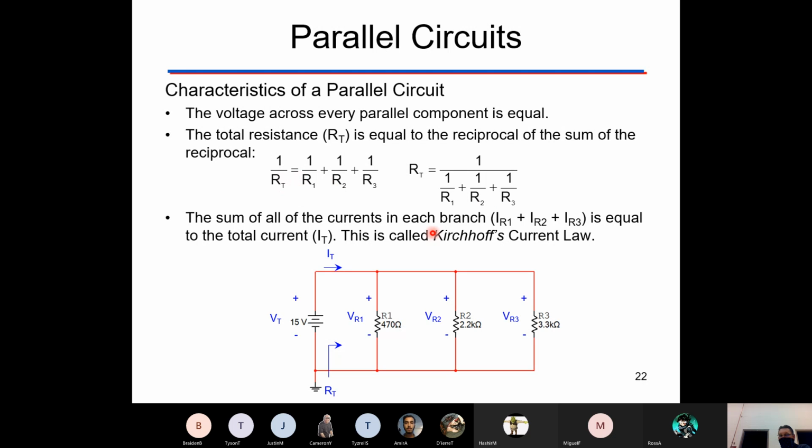If that's the case, you can solve for RT and it gives you this equation, which is 1 over R1 plus 1 over R2 plus 1 over R3. Really should have parentheses here. It should be more like that, so that y'all all understand.